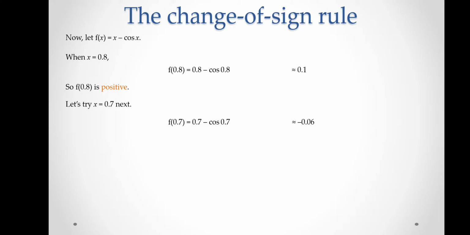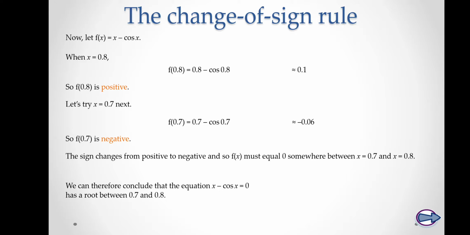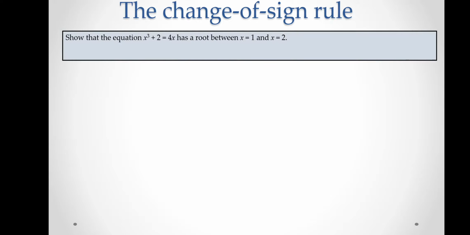So when x equals 0.8, we have a positive answer, and when x equals 0.7, we have a negative answer. That means the root should be between 0.7 and 0.8, because there is a sign change between 0.7 and 0.8.